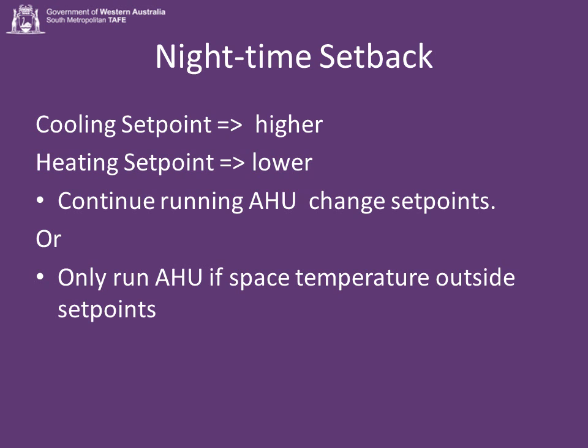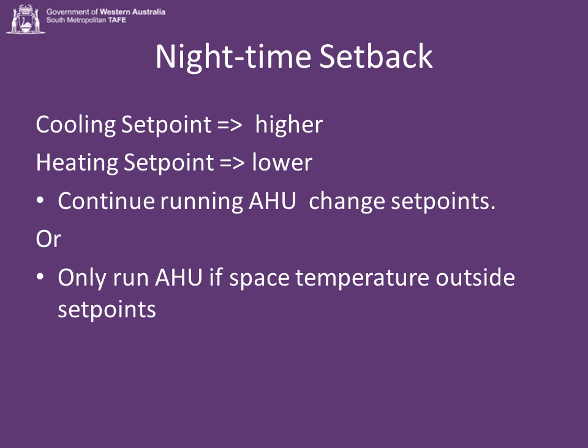In the evenings, when the building is empty, we talk about occupancy. We talk about the building being occupied and being empty. So we talk about having occupancy and not having occupancy. So, when we don't have occupancy, there's a couple of things we can do. We could just turn the air conditioning off. Or we could go into what's called nighttime setback. Two ways this can work.